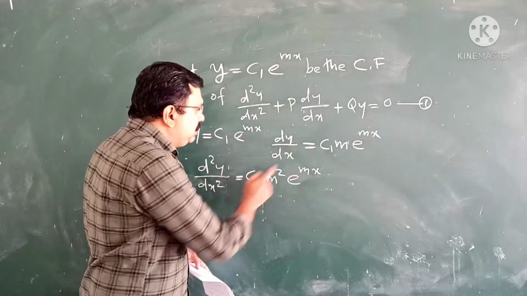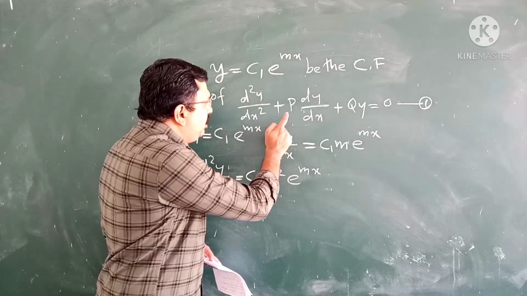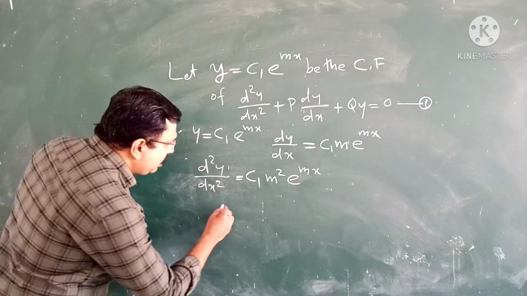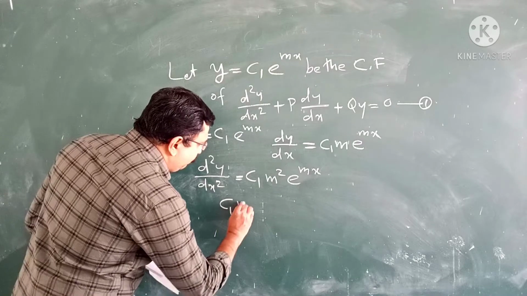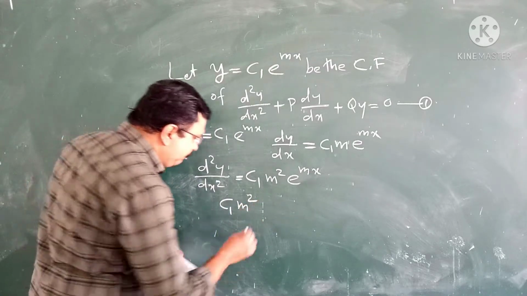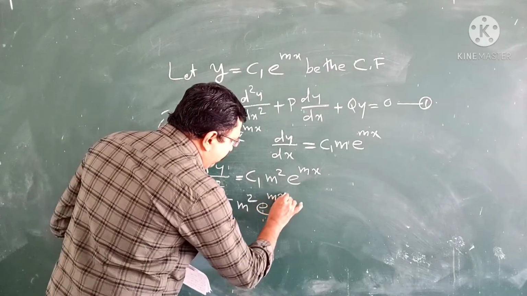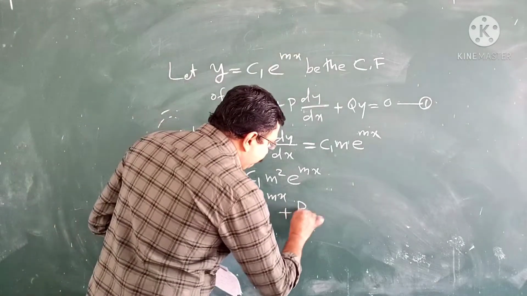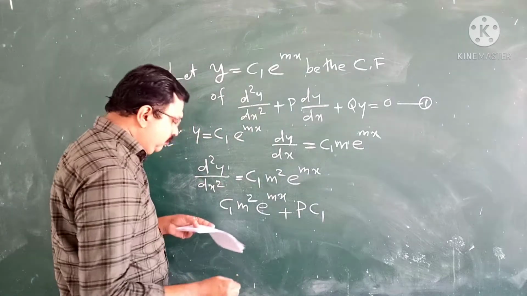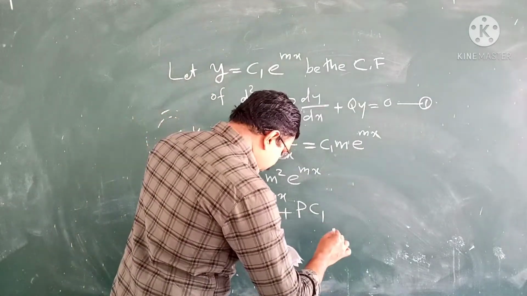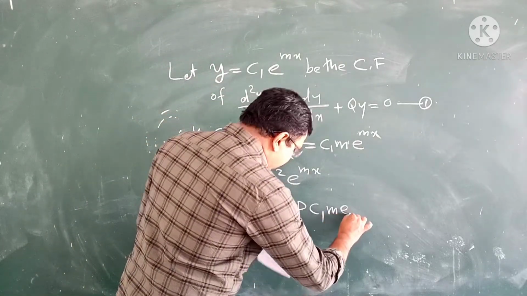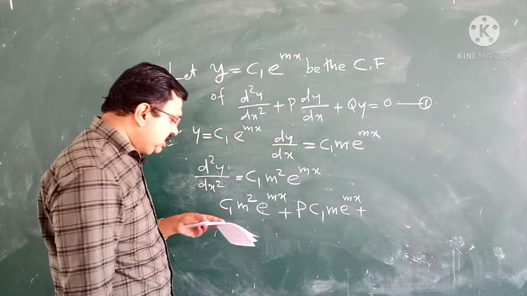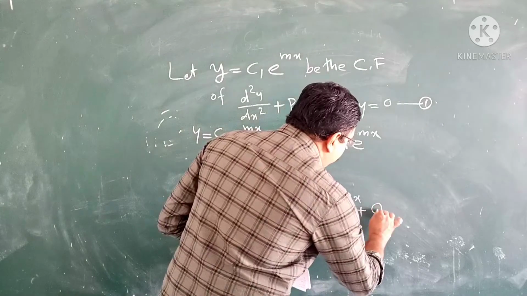Applying these three results in our equation number 1. Then equation number 1 will become c1 into m square e raised to mx plus p into c1 into dy by dx, which is m e raised to mx, plus the last term q into y.